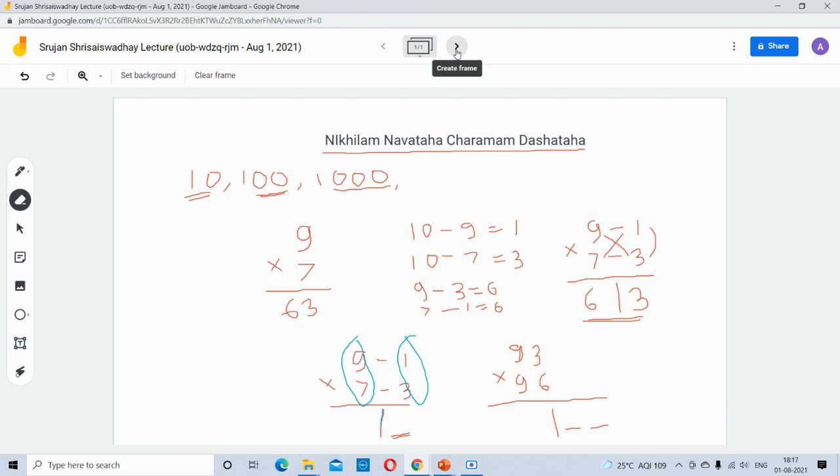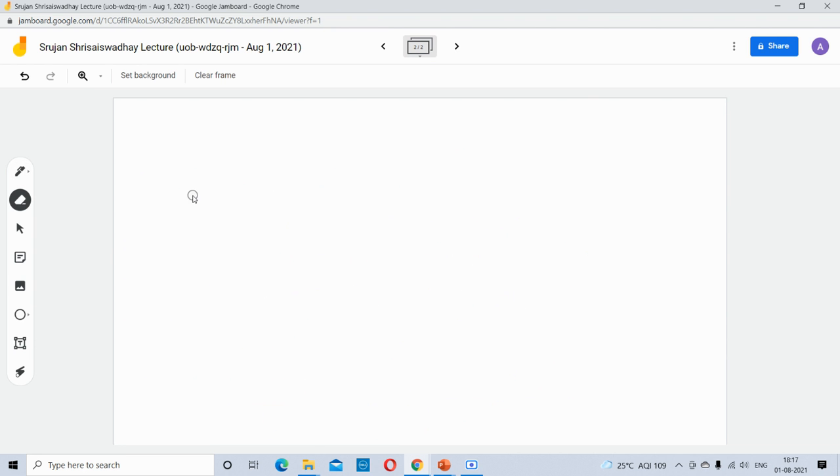Okay, so now let us move to the next multiplication, where the base is 10. The base we are going to use is 10, and the multiplication is 13 into 17.